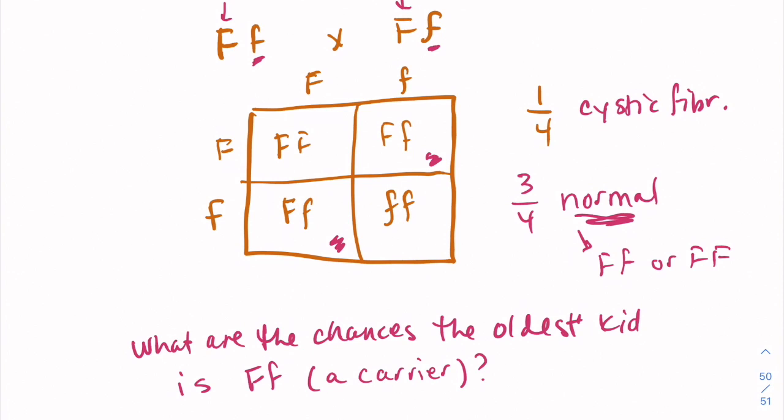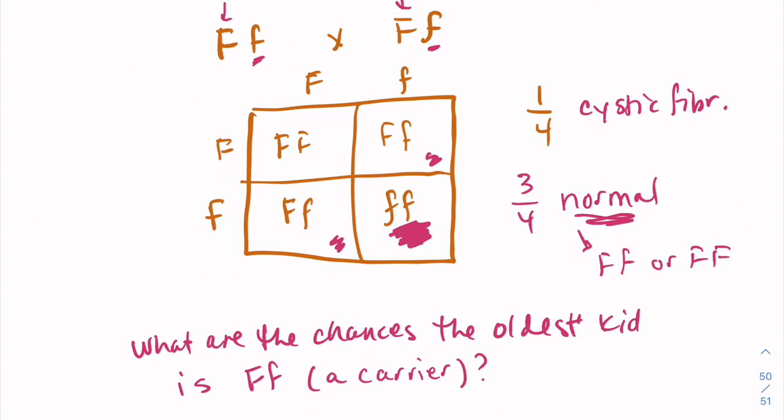Because here's the deal with that. We can rule one of these boxes out, can't we? For example, we know this person is not homozygous recessive because they don't have the disorder.